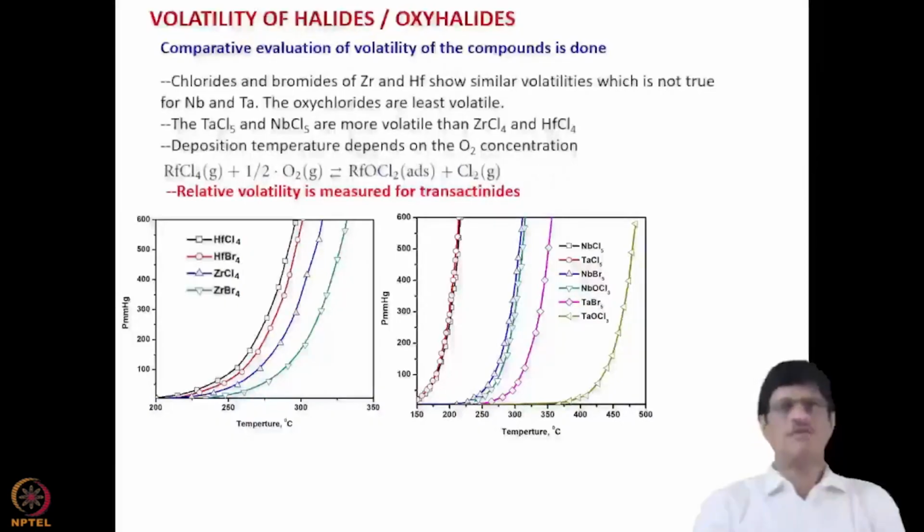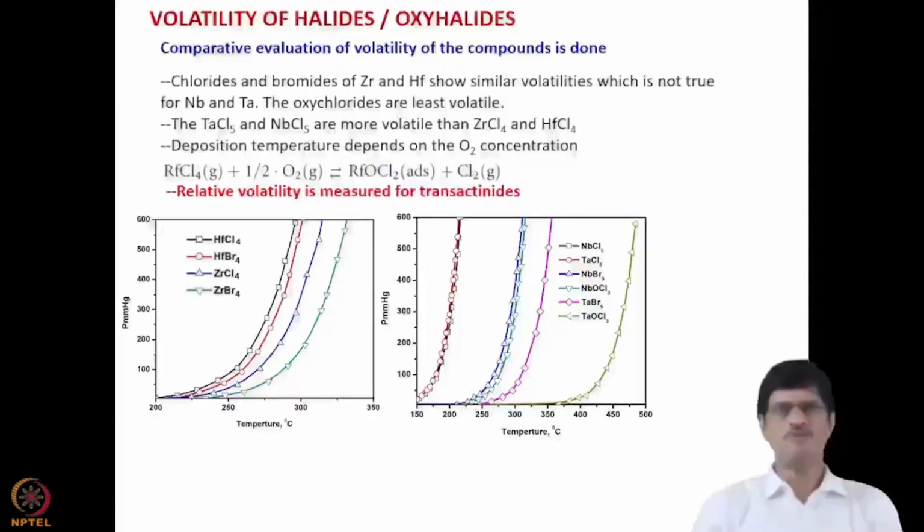In this slide, we compare the volatility of these chloro, bromo or oxychloro compounds. In the left figure, the zirconium chloride and zirconium bromide volatility is compared with that of the hafnium chloro complex as well as the hafnium bromo complex, that is HfCl4 and HfBr4.